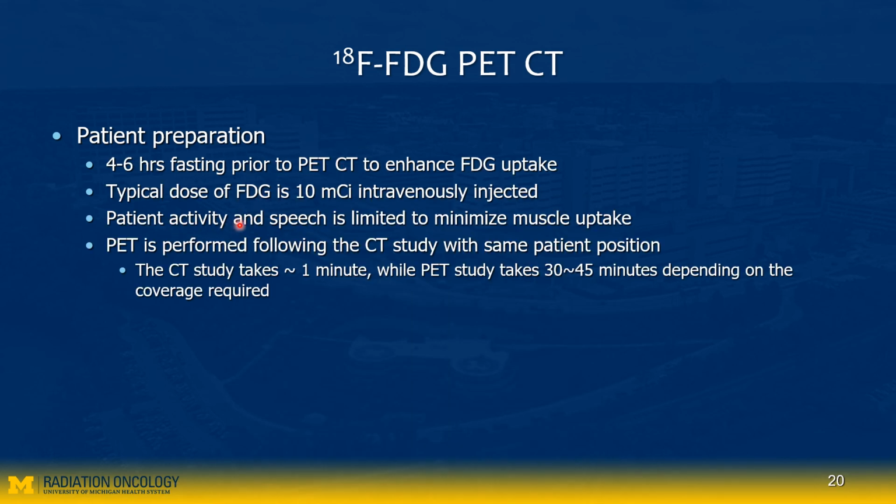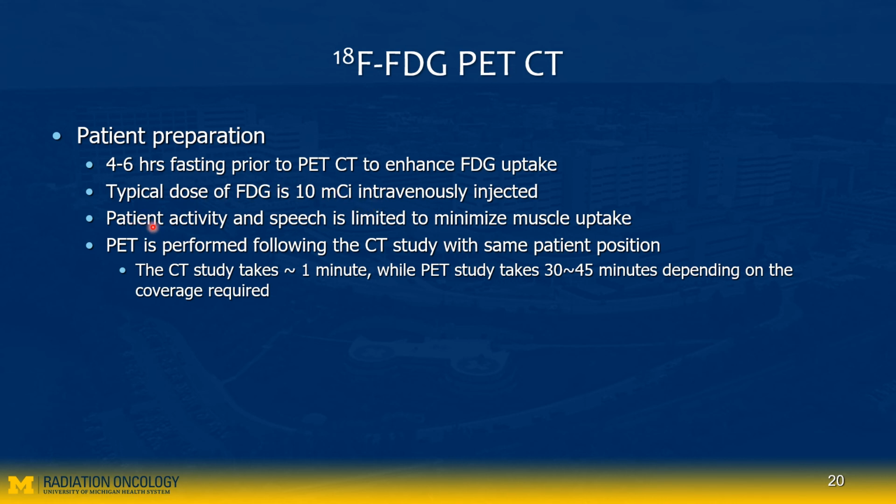So this is a typical PET CT image acquisition procedure. Before the scan, the patients are asked for typically 4 to 6 hours of fasting to enhance glucose uptake. Okay, and a typical dose of FDG is 10 millicurie, injected intravenously.